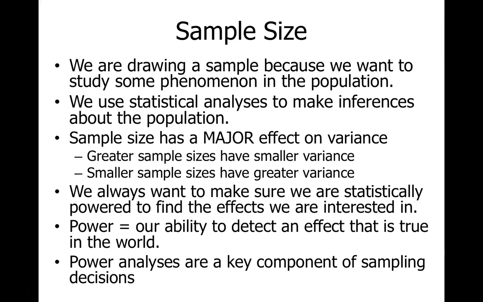But as your book demonstrates, power analyses are a key component of making sampling decisions. So anytime we're making our sampling decisions, we have to know how many people we're aiming for. And how many people we're aiming for will determine a lot of the practical limitations and will determine the kinds of sampling techniques that we want to employ to be able to get that number of participants.